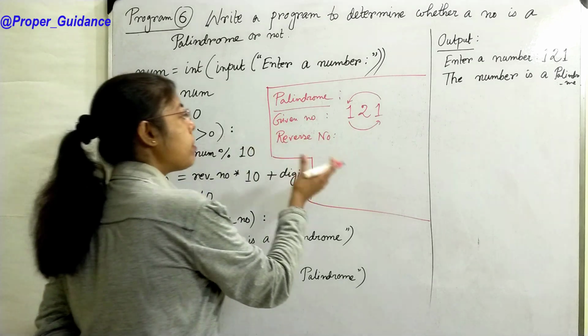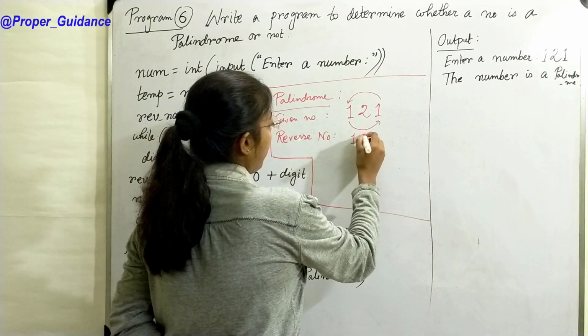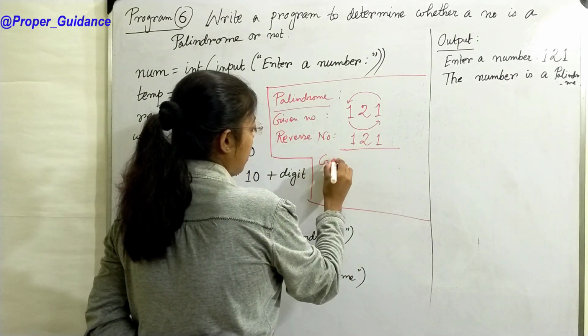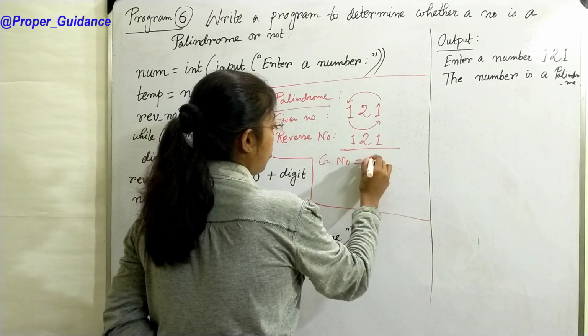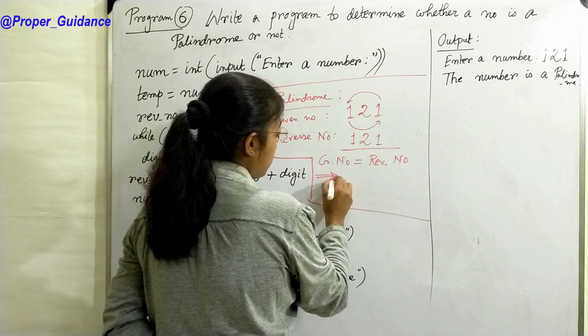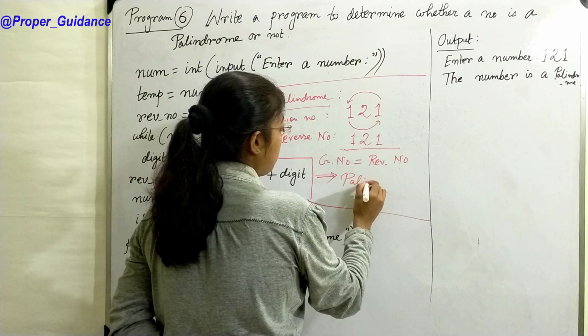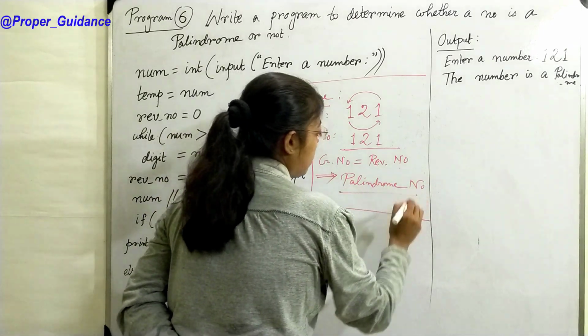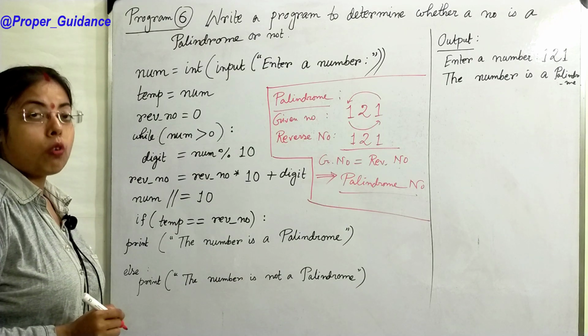So after reversing this number, we again get 121. When the given number is equal to the reverse number, it is a palindrome number. Clear? This is the concept of a palindrome.